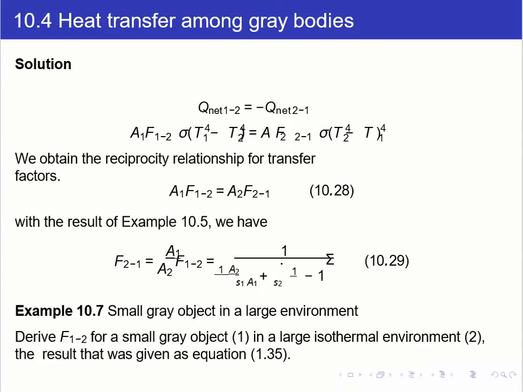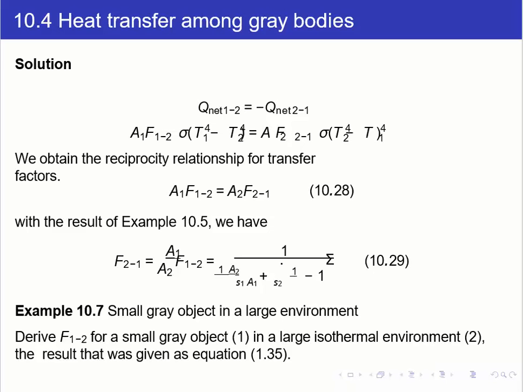We can obtain the reciprocity relationship for the transfer factor, that A1 F1 to 2 is equal to A2 F2 to 1, with the result that F2 to 1 is equal to A1 by A2 F1 to 2.